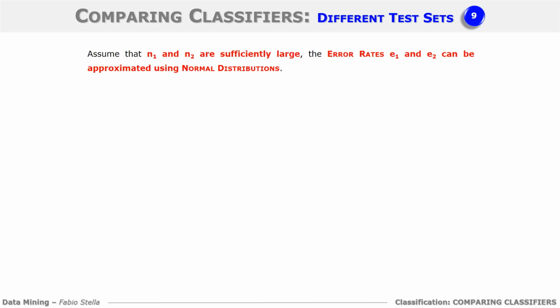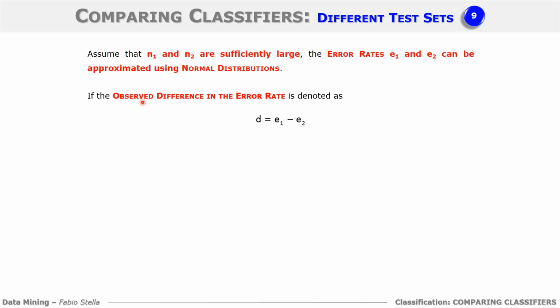To formally address the problem of comparing two classifiers in terms of their errors in the case where different test sets have to be used, we assume that N1 and N2 are sufficiently large such that the error rates E1 and E2 associated with the classification models M1 and M2 can be well approximated using two normal distributions.